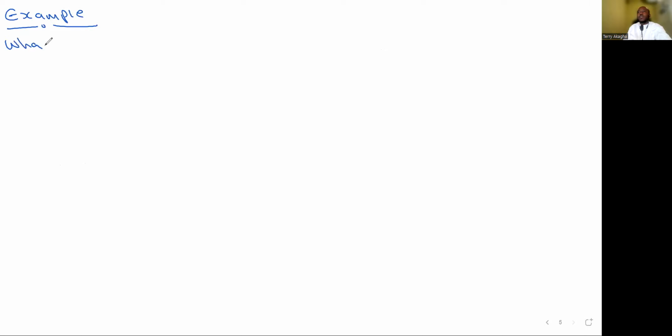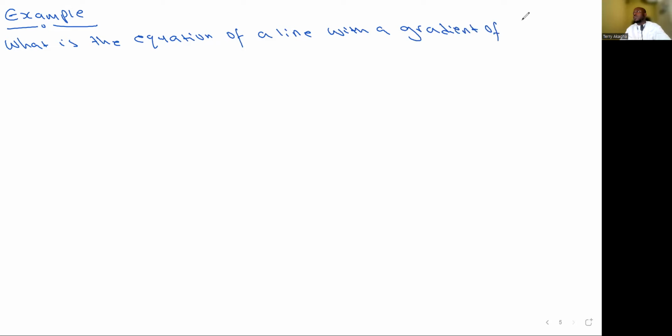It said, what is the equation of a line with a gradient of 4, okay, that passes through the origin.